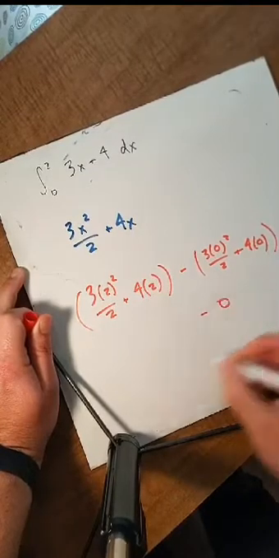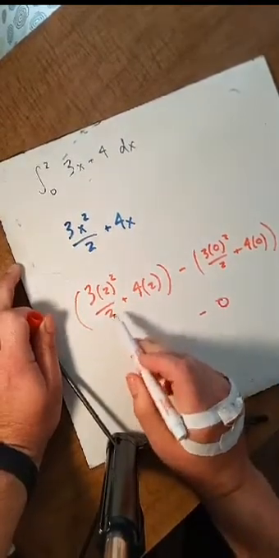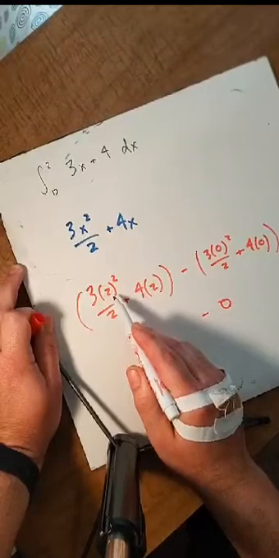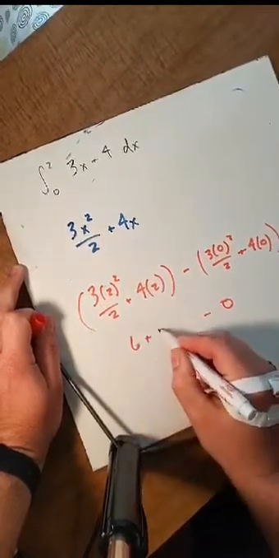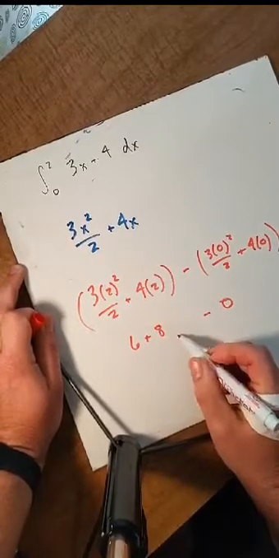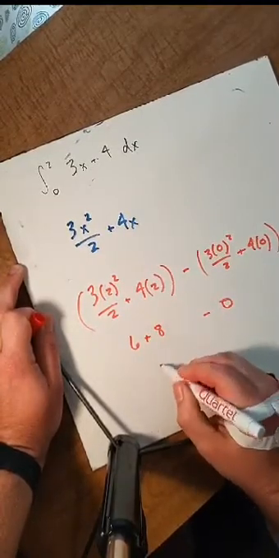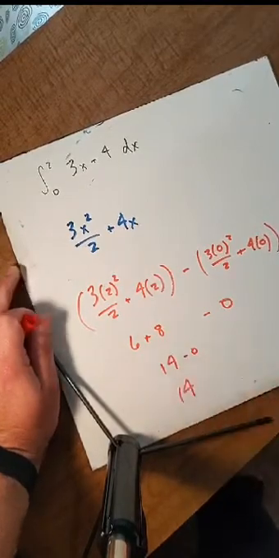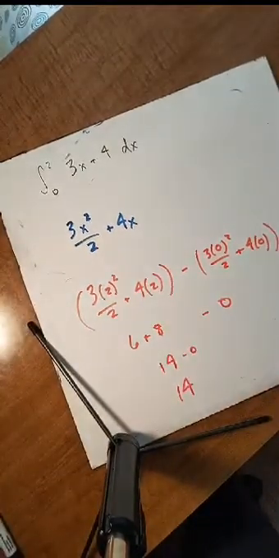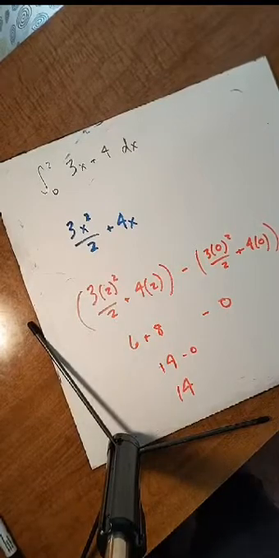Well, that's going to be 0. So on this side, 4 times 3 is 12, divided by 2 is 6, plus 8, right? Did I do that right? And that'd be 6 plus 8, 14. So 14.